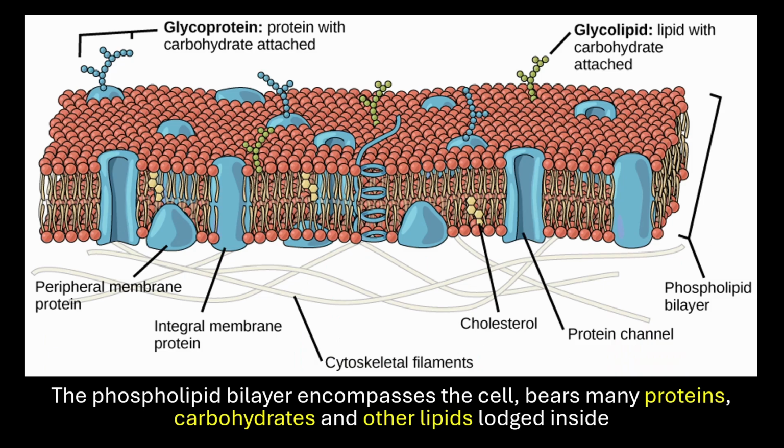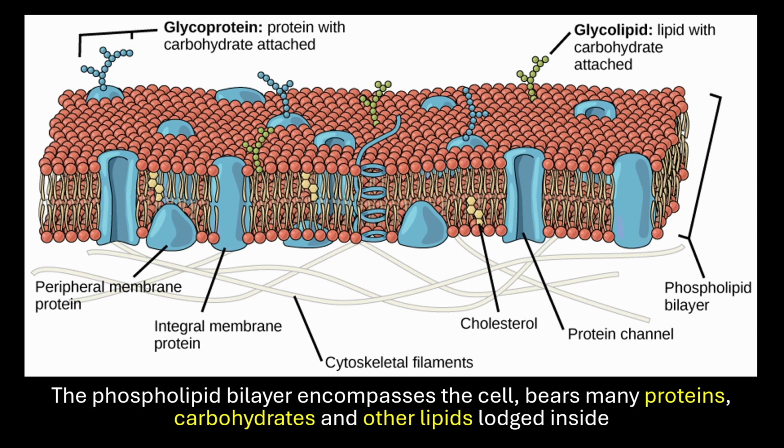Now, the phospholipid bilayer isn't just lipids either. It's not composed exclusively of phospholipids. It also has a lot of stuff embedded in it. We're going to see a lot of proteins, different carbohydrates, and other complex lipids, and even some mixed materials like carbohydrates that are attached to proteins, like a glycoprotein, for example, that are lodged either partially or completely inside of the phospholipid bilayer.